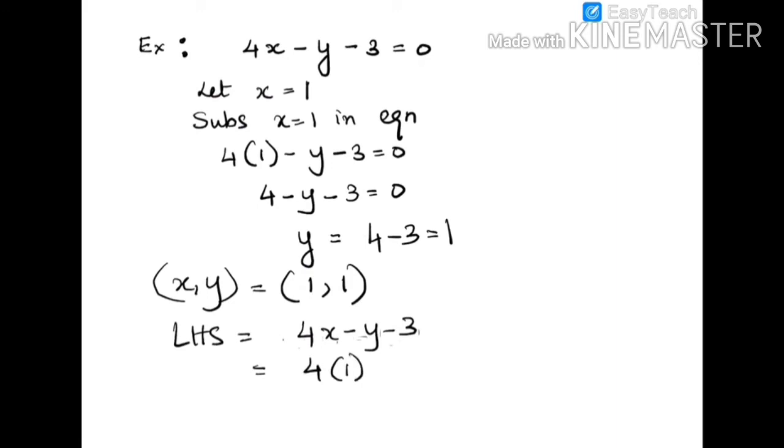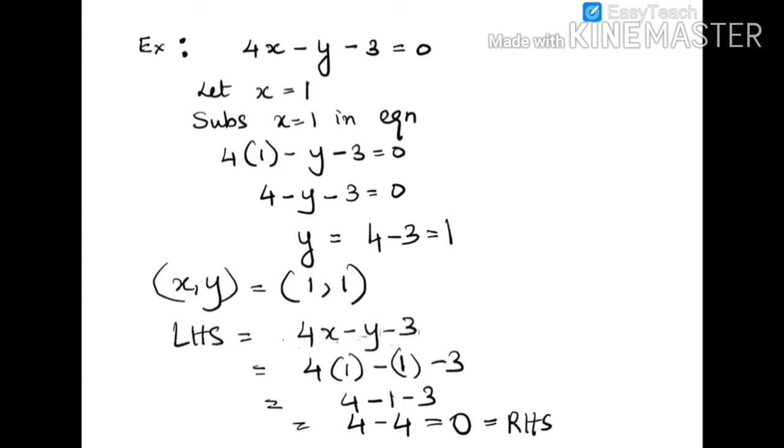I'm substituting value of x as 1 and y as 1. So 4 times 1 minus 1 minus 3 is equal to 4 minus 1 minus 3, and that is 4 minus 4 equal to 0. And that is the right hand side. So we have verified that 1 comma 1 is a solution of this equation.